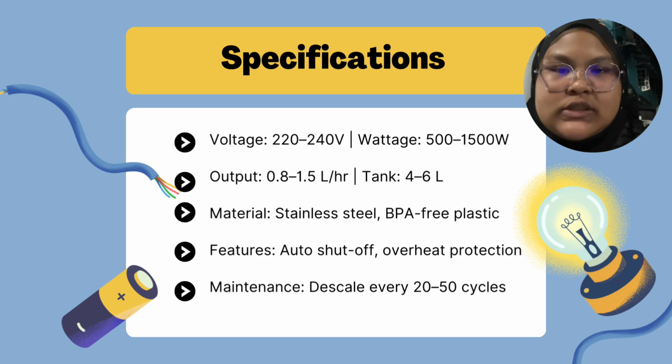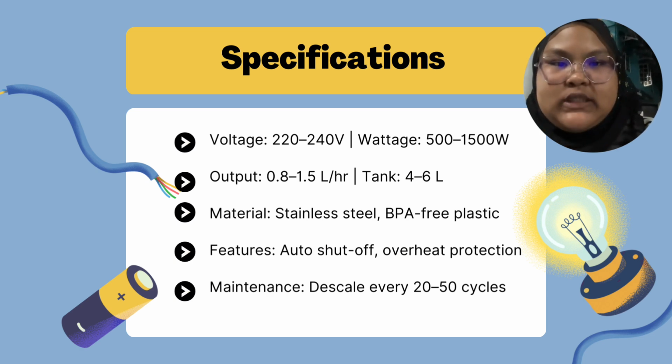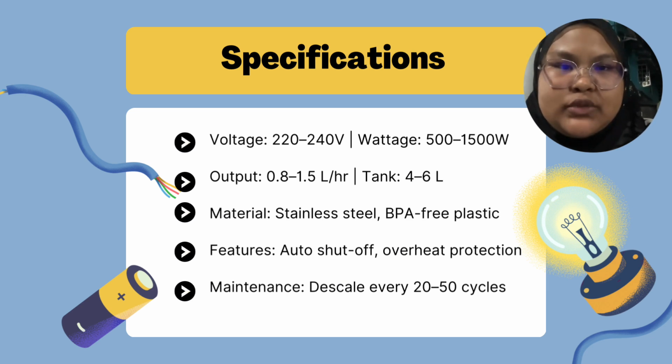The materials used are food grade plastic or stainless steel for safety and durability. For some models, water filters are included to improve taste and remove extra particles. The average size is 30 by 25 by 20 centimeters and it weighs between 5 to 12 kilograms.